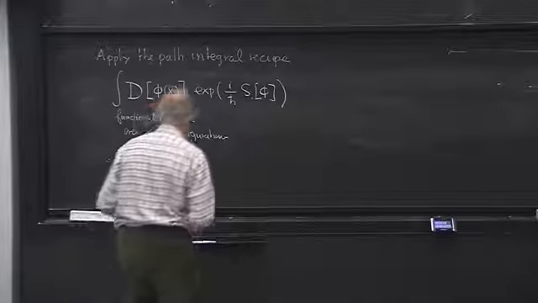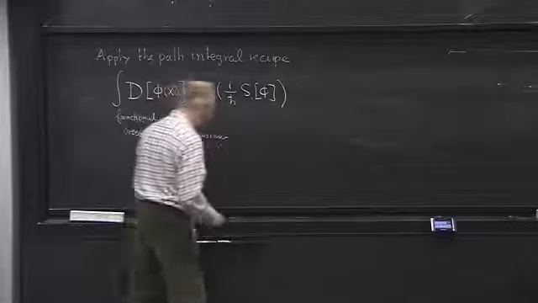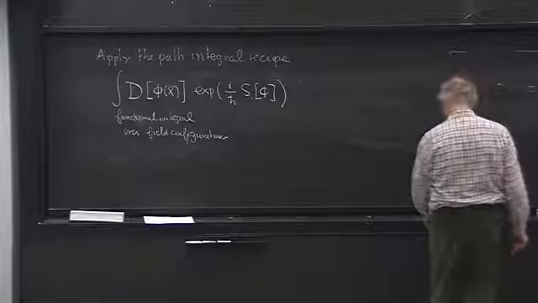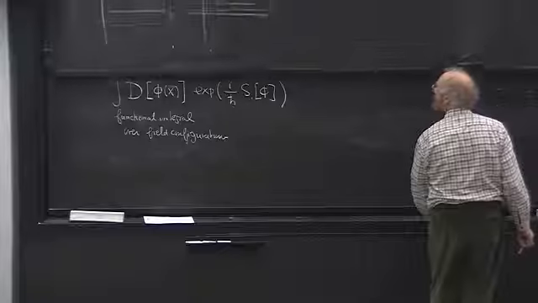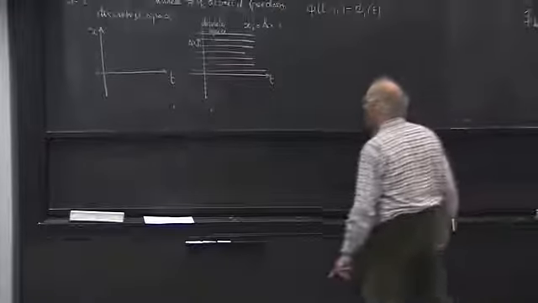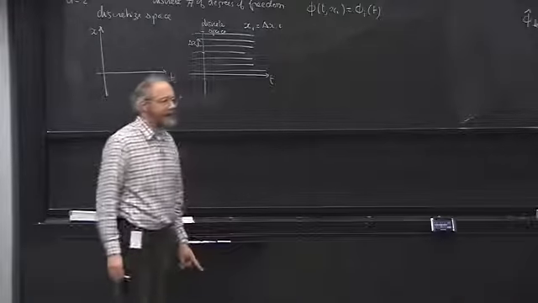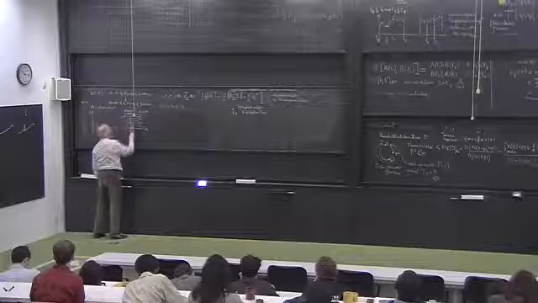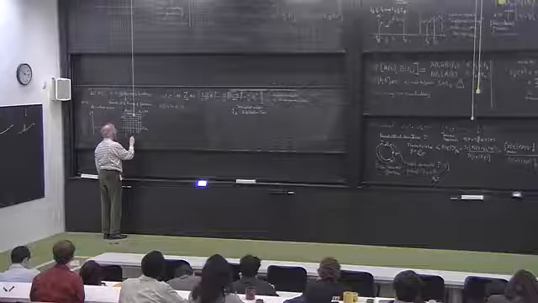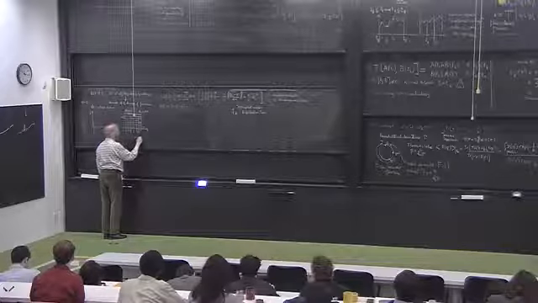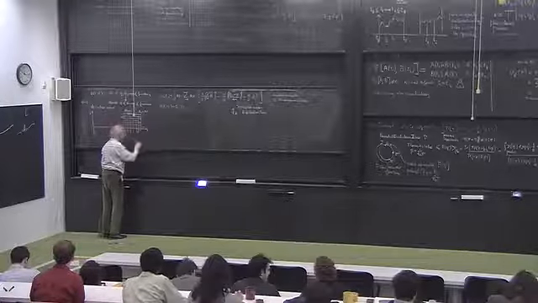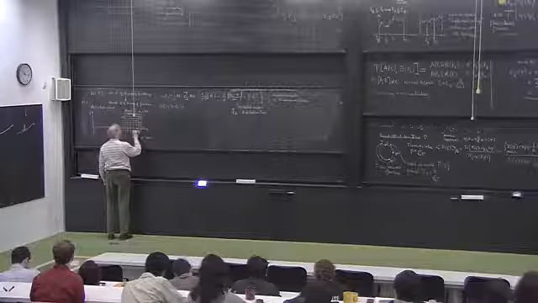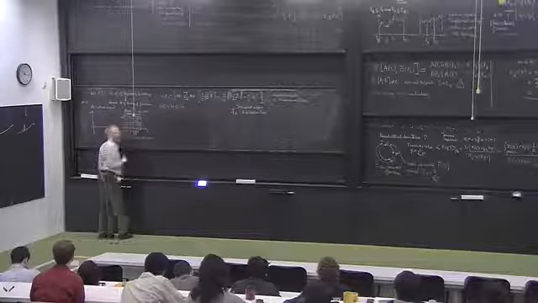And if you want to know exactly what you are doing, here is how it goes. Remember, in order to define properly what is the path integral formulation, you have to discretize time also with a time step delta t.